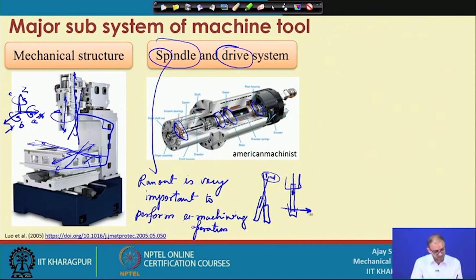So when it is moving in this direction, a bending force comes into action, and when it is plunging inside, it is a thrust force. Whatever the assembly of this spindle is, it should be able to resist this thrust force and the bending force while doing the machining operation.